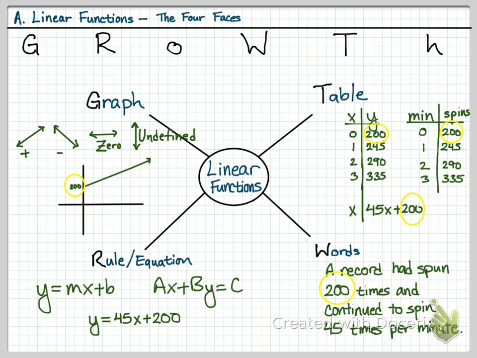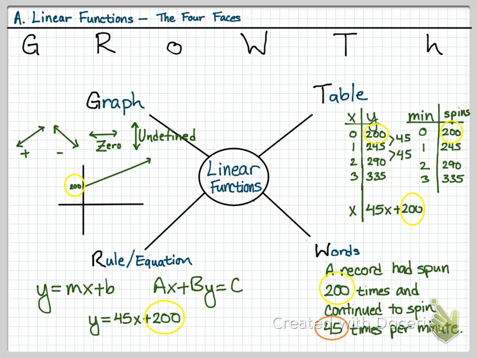And in the rule equation, there's the 200 again. So what we want to do is take a step back and look at how all of these faces are connected, beginning with the words and then following through in the three other faces. So all of the four faces should always connect. If they don't, then maybe something is incorrect in the way that you've translated them.